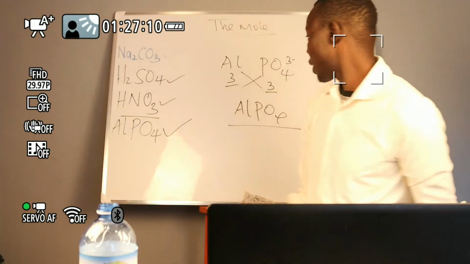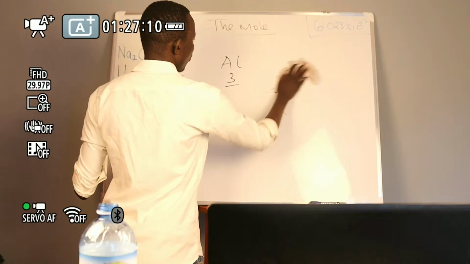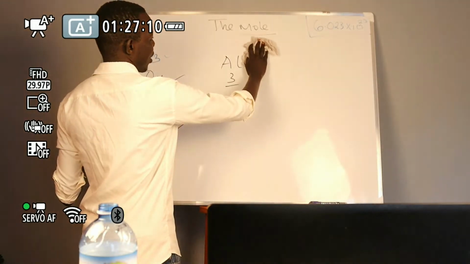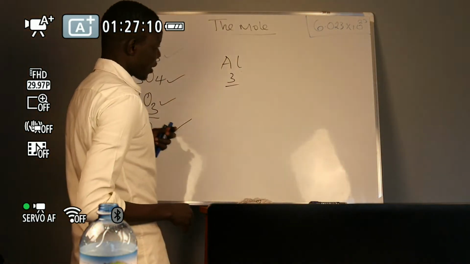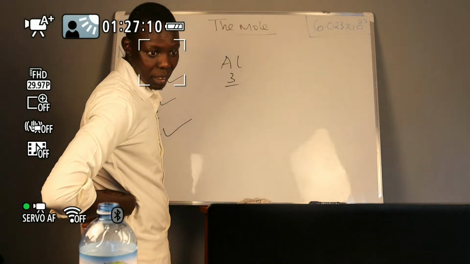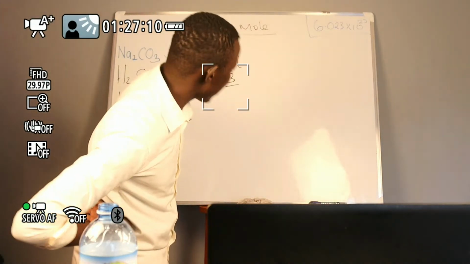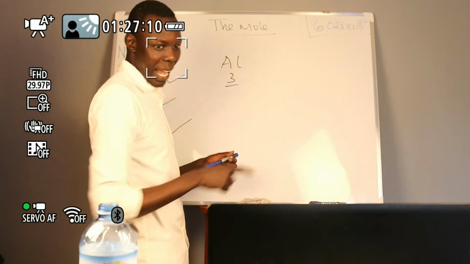So aluminium carbonate. I will guide you on how it will be written. By the way, capital L, because the formula for aluminium should be capital A, small l.